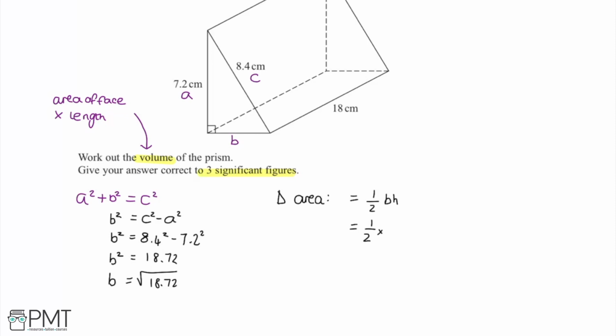The base is side B, which is root 18.72, and the height of the triangle is side A, which is 7.2 centimetres. For the area of the triangle, that gives us 15.57598, and there are more decimal places, but we have a good few here to work with to know that we can give the final answer accurately to 3 significant figures.